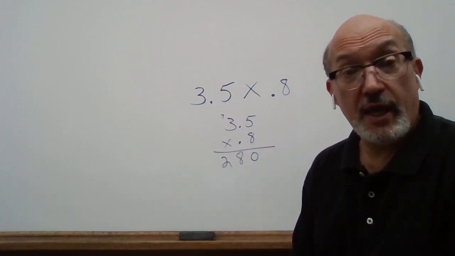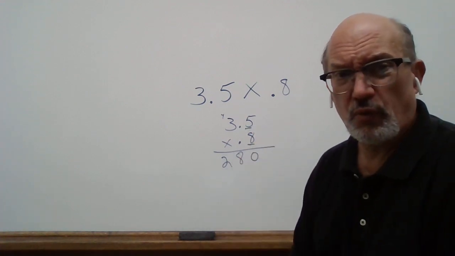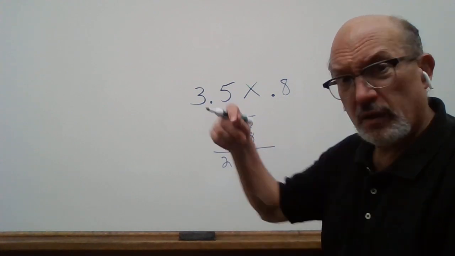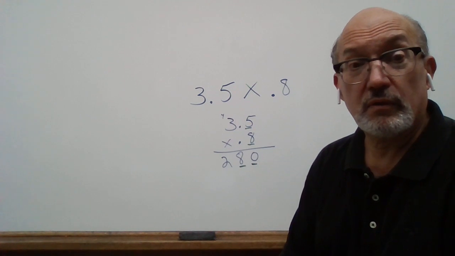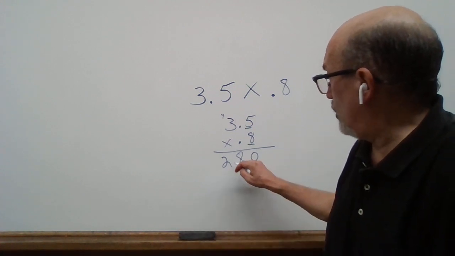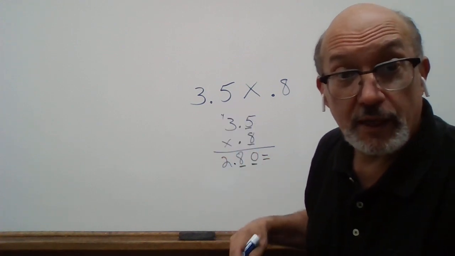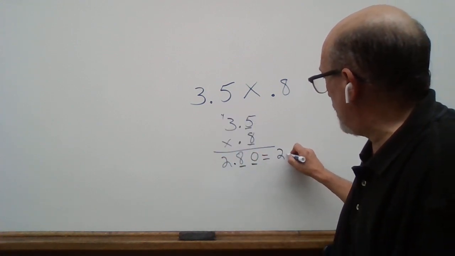And now we count 1, 2 digits to the right of the decimal point in the 2 numbers combined. Our product or answer has to have 2 digits to the right of the decimal point. So we place the decimal point there. Once again, seems like I've done this more than once. We have that 0 on the end, which can be left out.